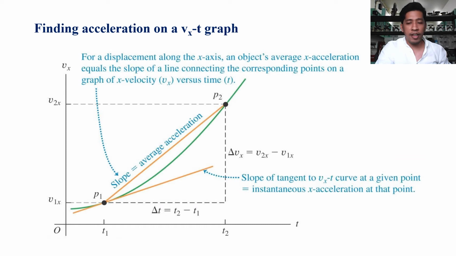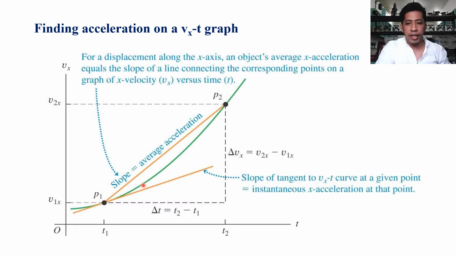This is the graphical representation of your instantaneous acceleration. You can find the acceleration on a velocity time graph. So consider this figure here. You have on your vertical axis the velocity, and on the horizontal axis you have your time. And the green curve here is your velocity curve.